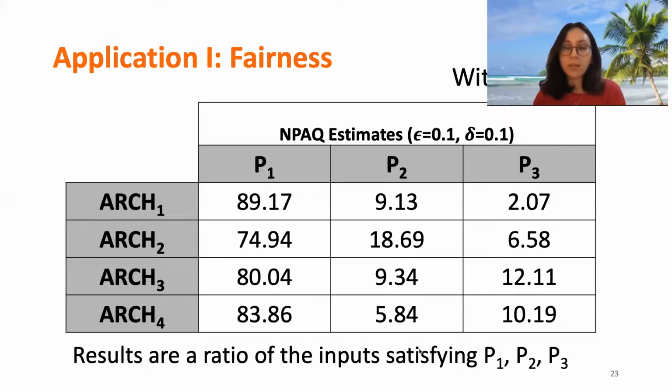Now we can get estimates for how often these neural networks are fair, and we can potentially choose the one that suits the application better. Here the results are ratios: the number of satisfying assignments over the total input space.